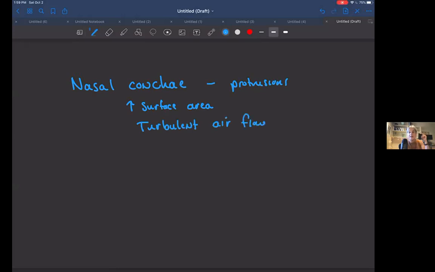So when you breathe in, the air doesn't just go straight to the back of your throat. It actually hits these conchae, and it moves around in kind of a weird pattern, right? And what this does is increase the filtering activity, so stuff will fall out of the air, right?